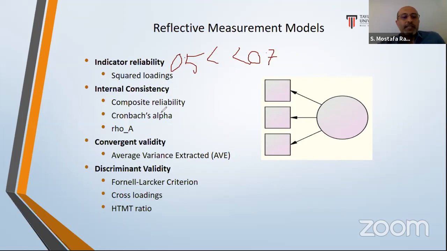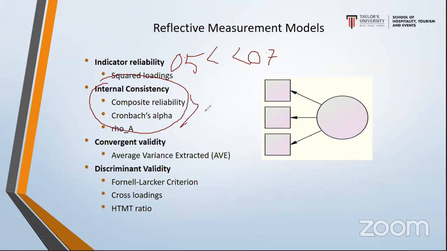For internal consistency, there are different criteria. The most common are alpha, composite reliability, and rho A. Rho A is a criterion developed recently by Henseler and his colleagues, and at least we need to report two of these criteria for internal consistency and construct reliability.